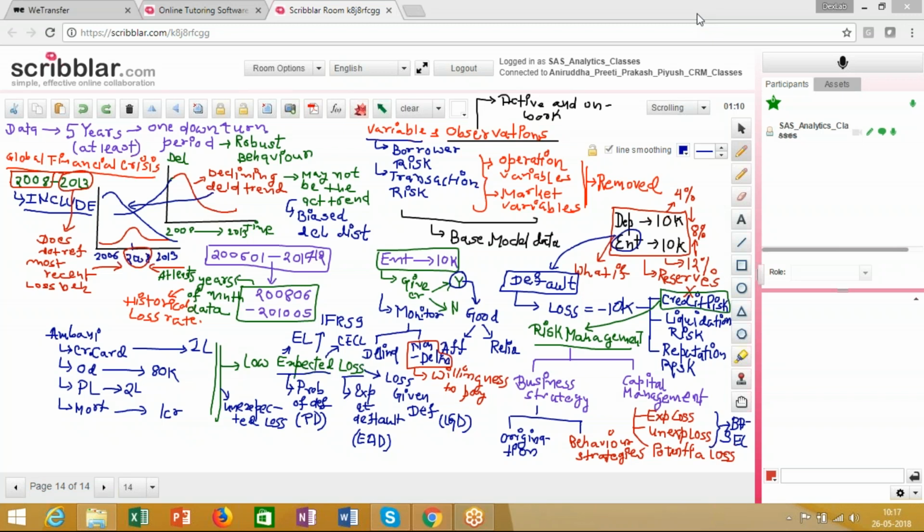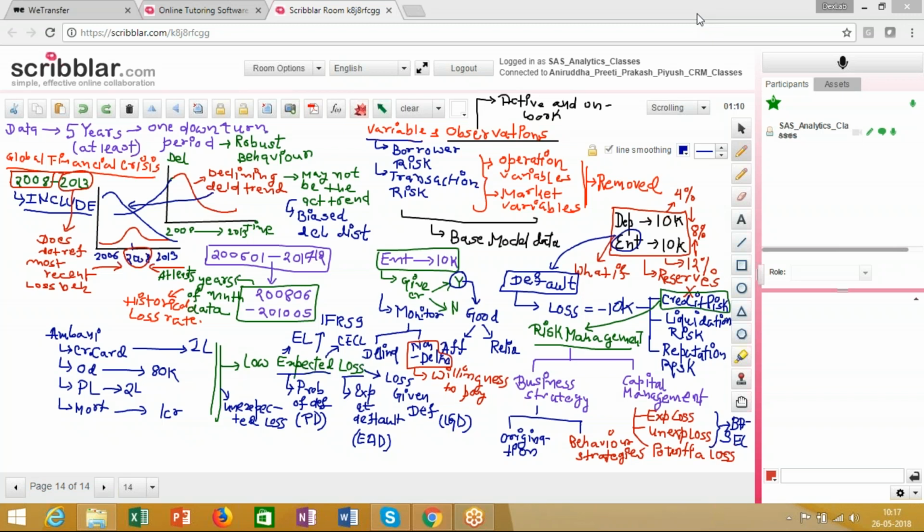So what I can do is absorb a certain part of that acquisition PD through pricing. But certain portions of that have to be pulled through capital.